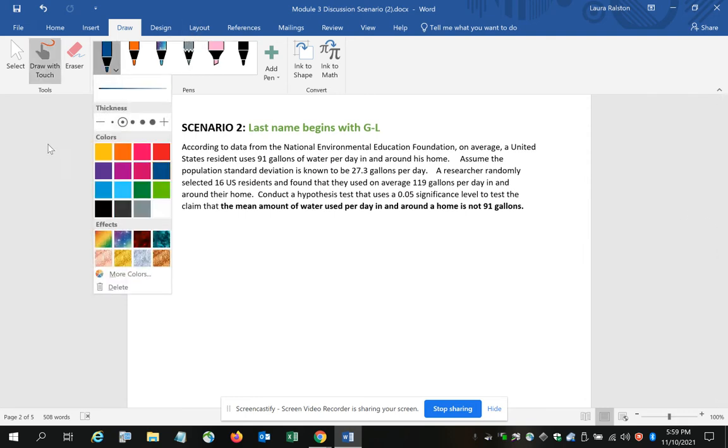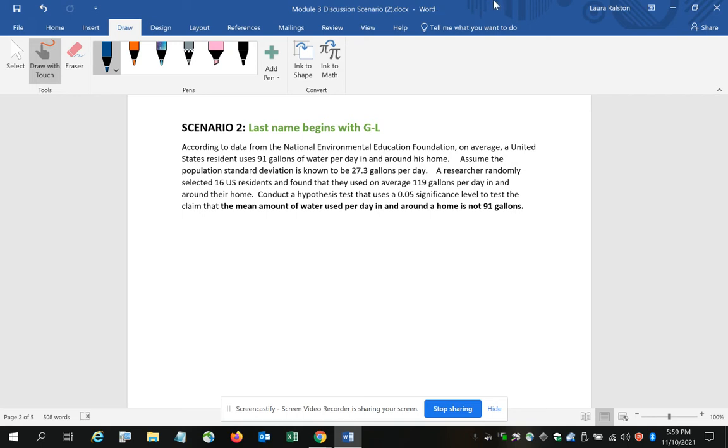It reads, according to data from the National Environmental Education Foundation, on average, a United States resident uses 91 gallons of water per day in and around his home. Assume the population standard deviation is known to be 27.3 gallons per day.